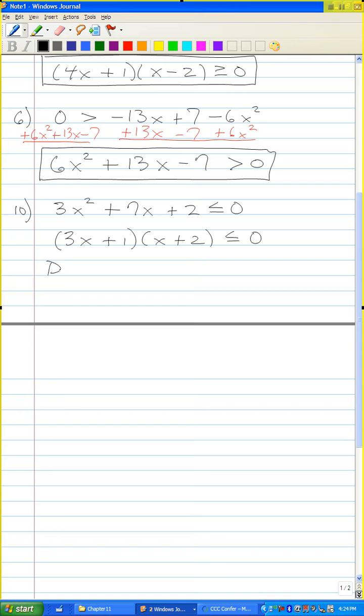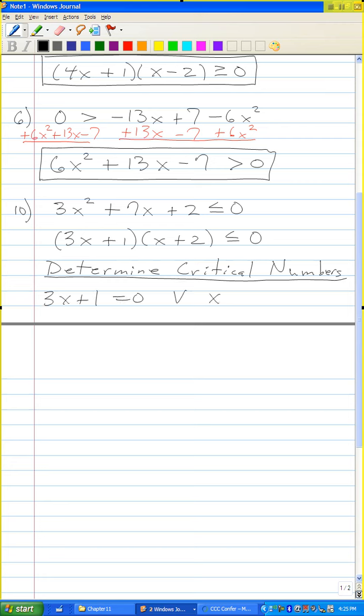So now let me determine my critical numbers. In order to determine my critical numbers, I just set each factor equal to 0 in this factored standard form.